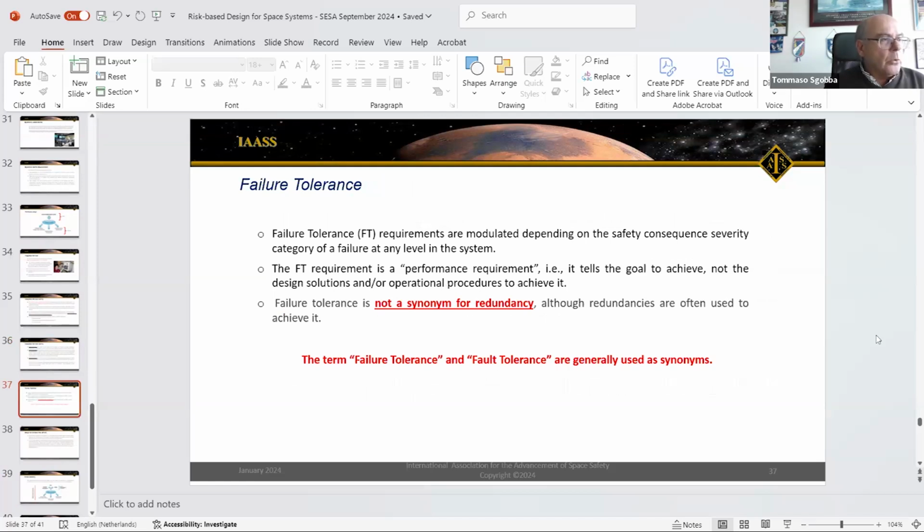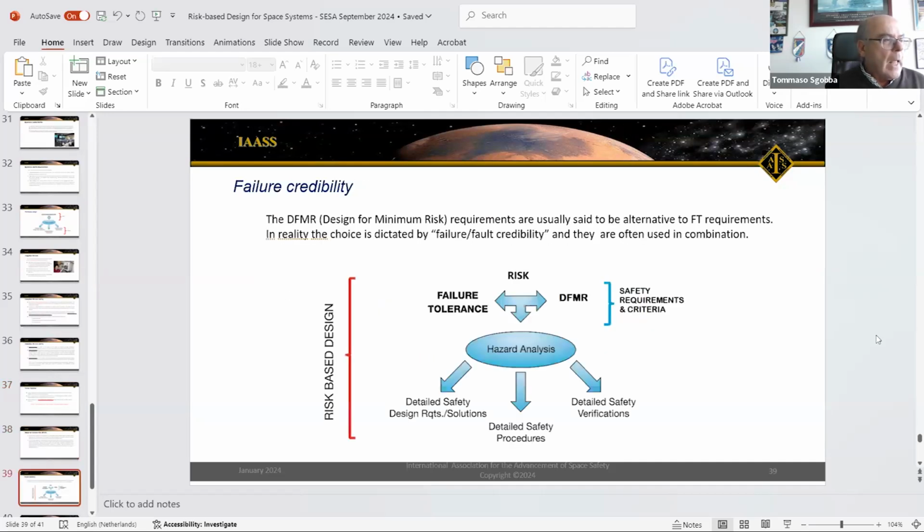Here, just a note of caution: don't always consider failure tolerance to be a synonym for redundancy, because sometimes there are other means like operational hazard control that are used for failure tolerance purposes. This is a slide summarizing the entire business of failure credibility and what is risk-based design.